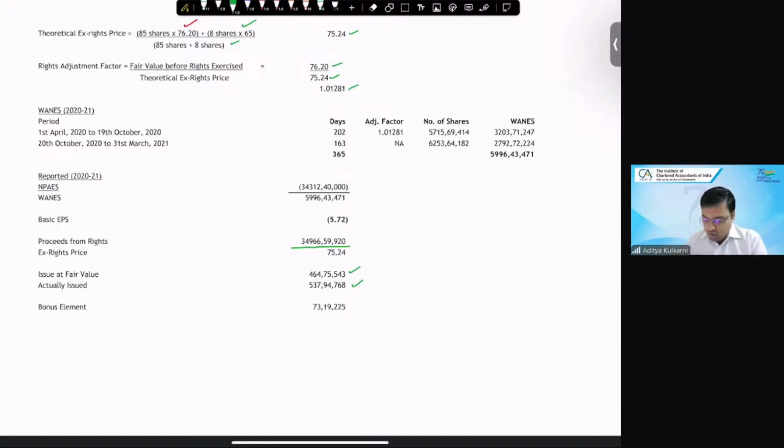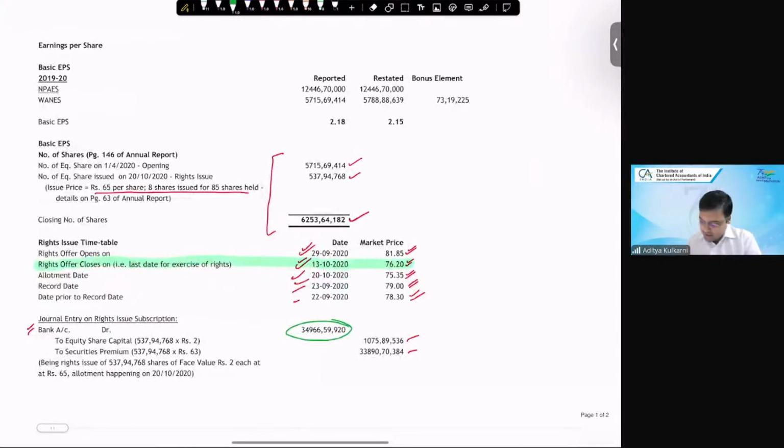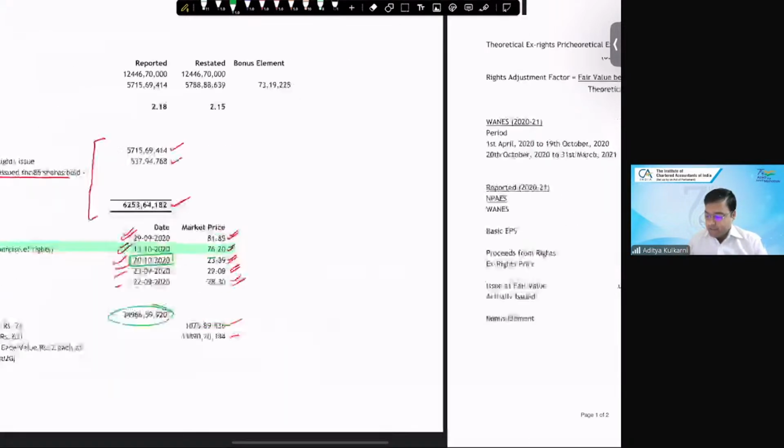So when I calculate my weighted average number of shares, allotment is happening on 20th October.